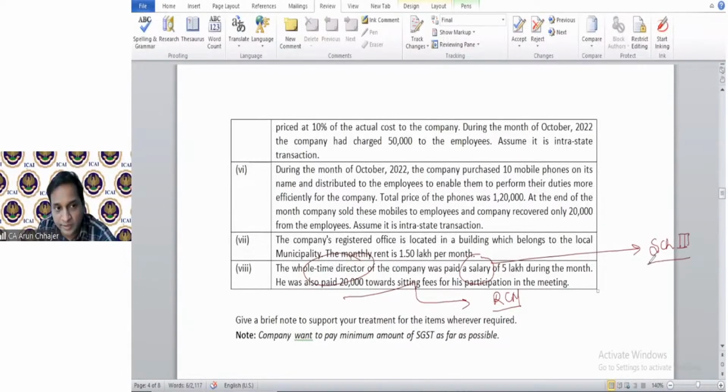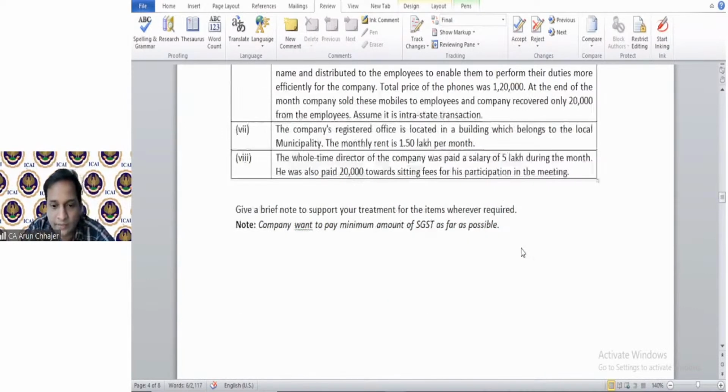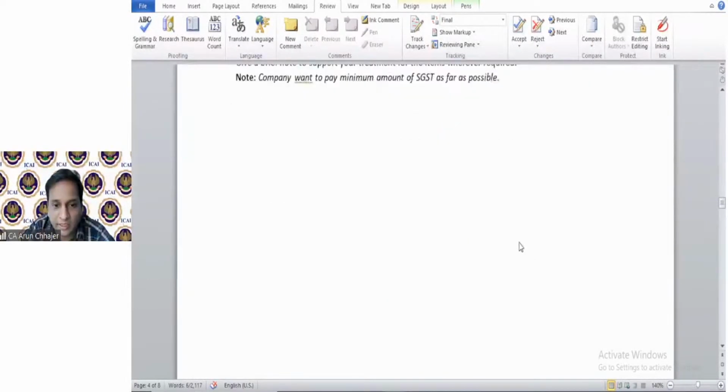Whatever amount is paid to the full-time director is not liable under reverse charge. So on 25 lakh there is no liability, but on 20,000 RCM would be paid and the corresponding ITC would be taken. Give a brief note wherever possible.